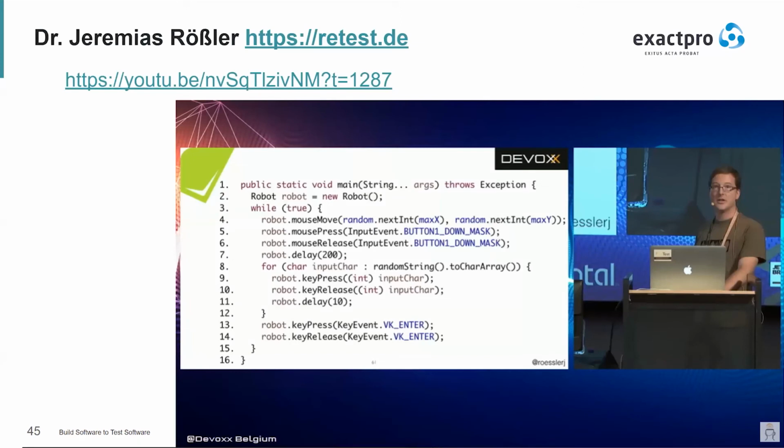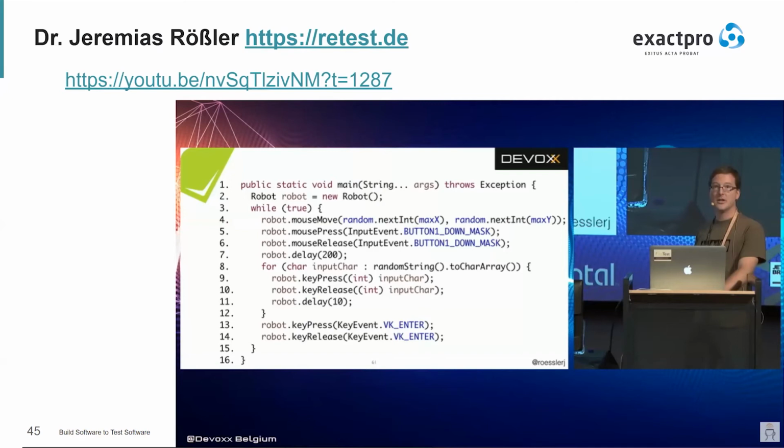So let's start with this idea of random clicking. Here I will refer to the video presentation made by Jeremias Rößler from the company called Retest. The presentation itself is a must-see. It contains many good ideas on what automated testing is, and he gives really brilliant examples.